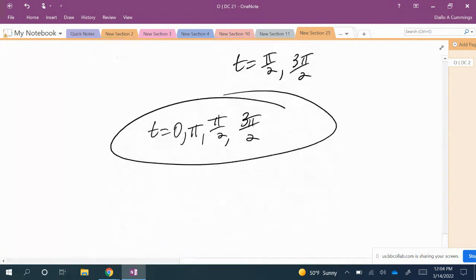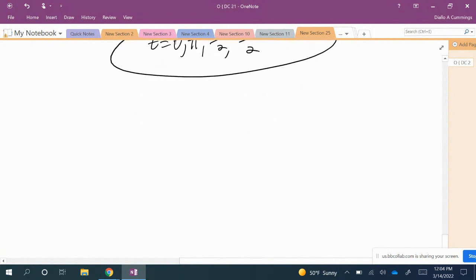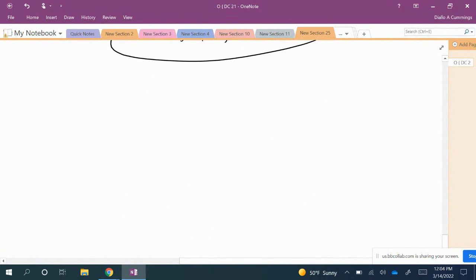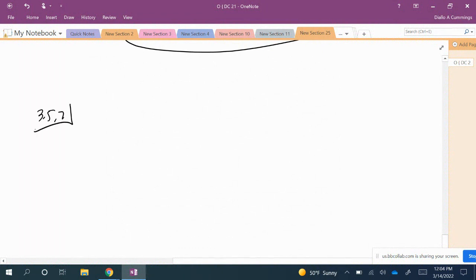All right, now we're going to take a look at one last problem. And it may take a minute to explain this, but this is similar to your number 7, 3.5, number 7.